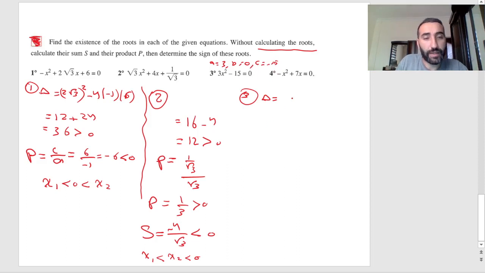Then delta equals b squared, which is 0, minus 4 times a, 3, times negative 15. Negative times negative is positive, 4 times 3 is 12, 12 times 15. Now I use the calculator: 180. So it is positive, meaning roots exist.